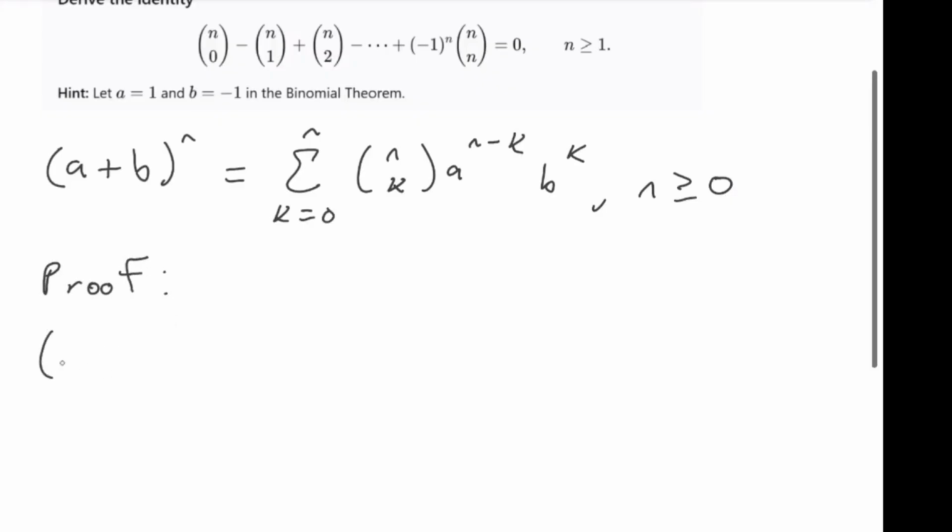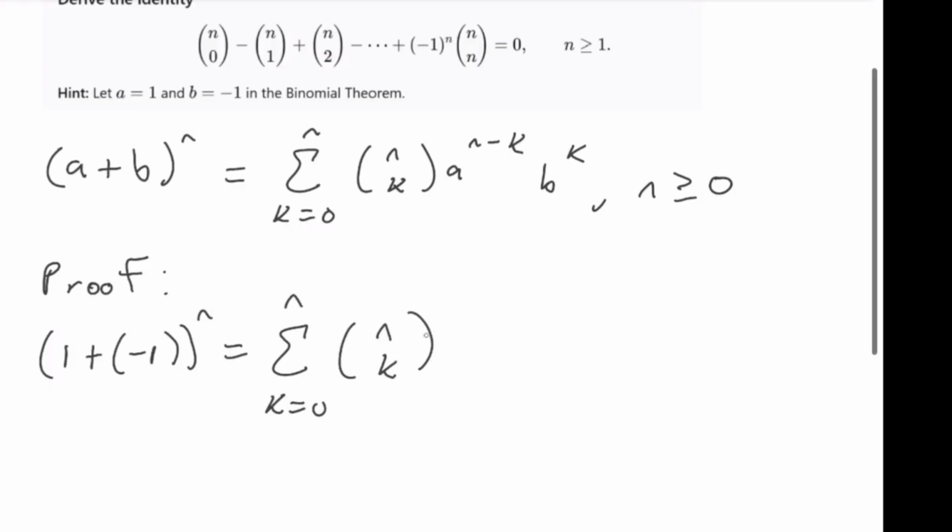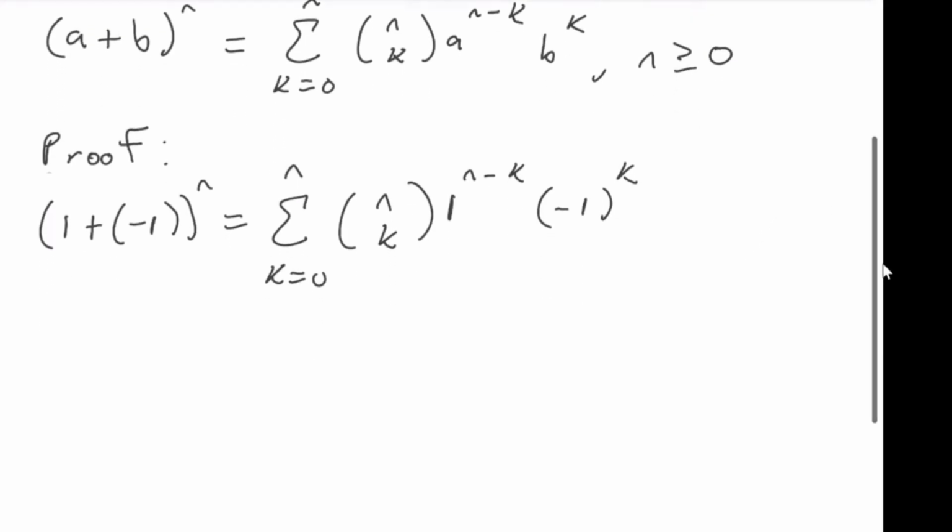So we have 1 plus negative 1 to the n is equal to the sum from 0 to n of n choose k. So a is 1, so this is going to be 1 to the n minus k, and b is negative 1, so it's negative 1 to the k. Of course, 1 plus negative 1 is 0, and 0 to the n is still 0, right?